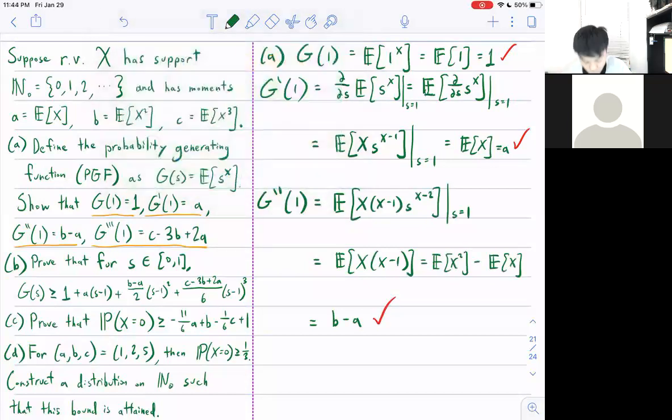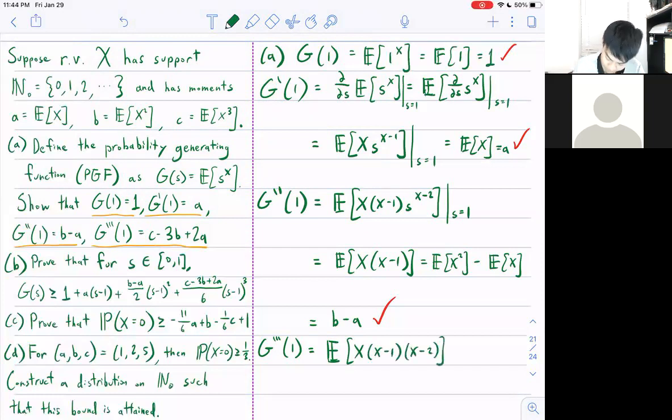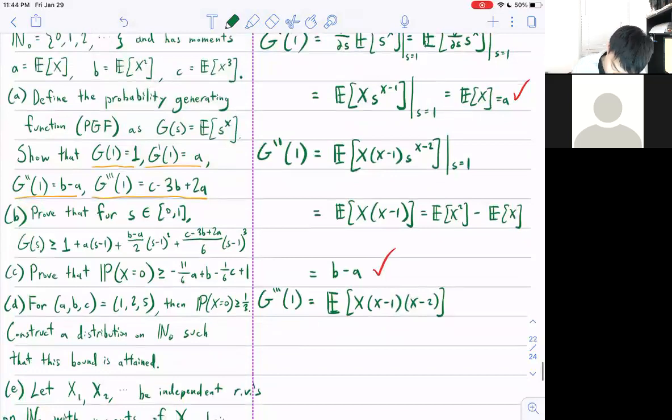And then for the fourth and final portion of this problem, we just have to show that the third derivative evaluated at 1 equals this. So again, I'll leave it to you to show that the work is pretty straightforward, just to show that this is the same thing as x times x minus 1 times x minus 2. And then you expand this in terms of the polynomial powers, and perform the linearity of expectation on each one.